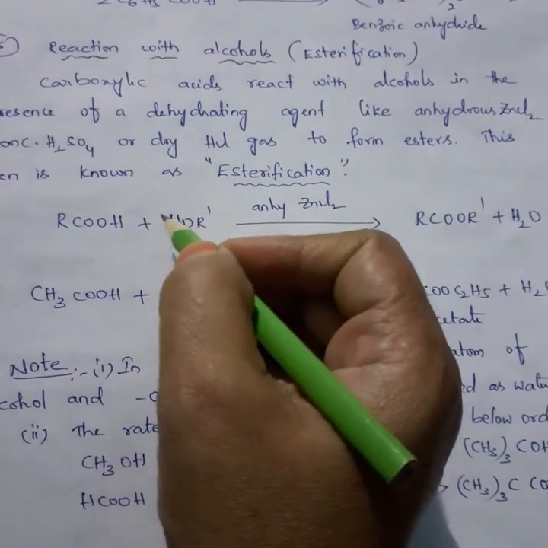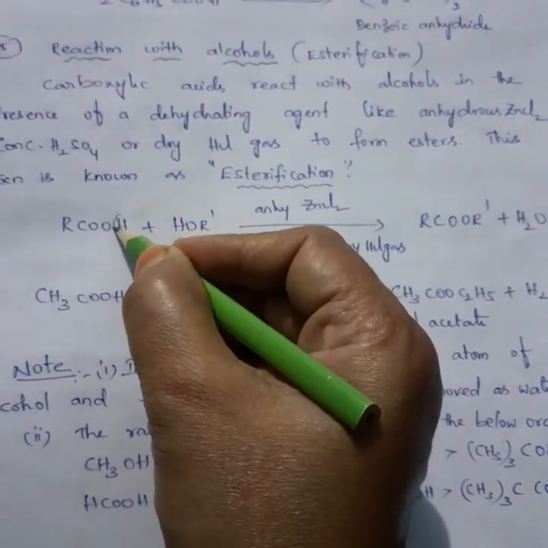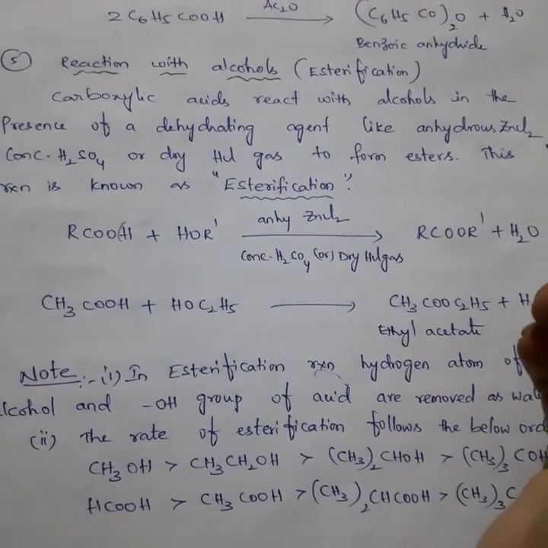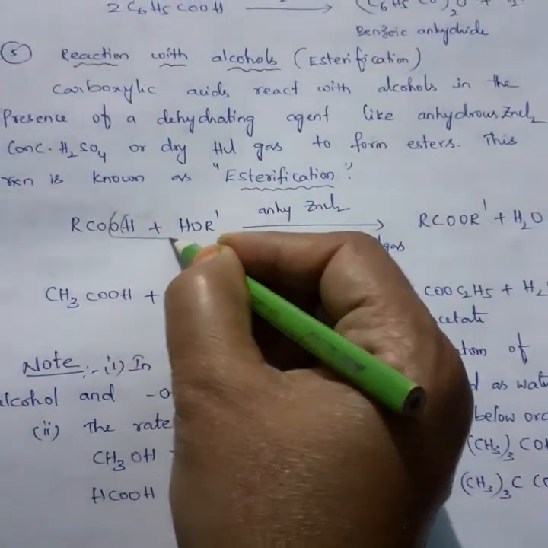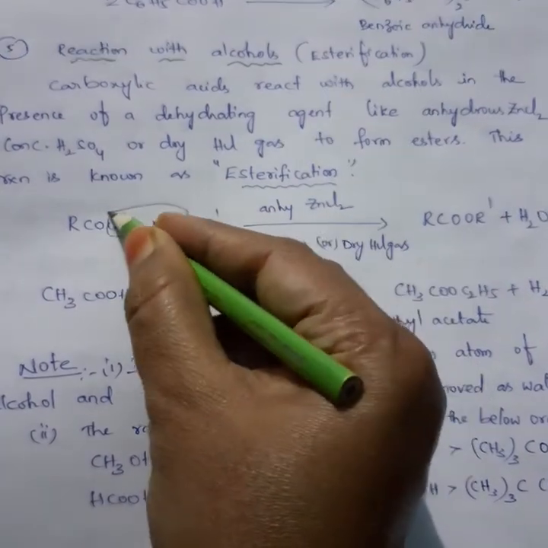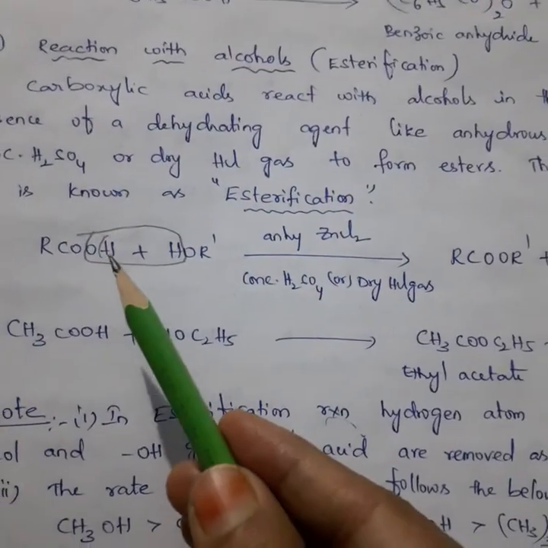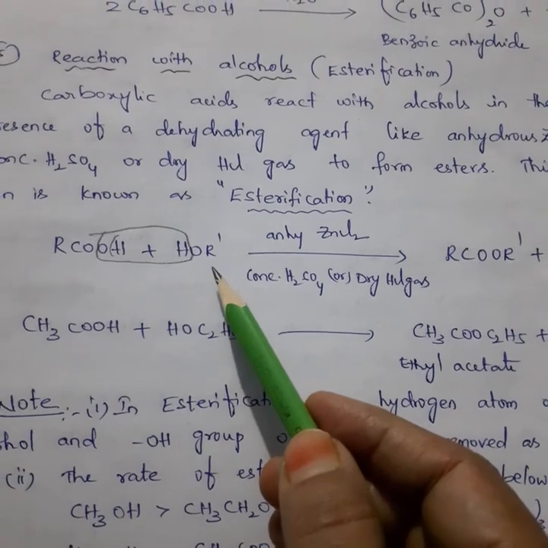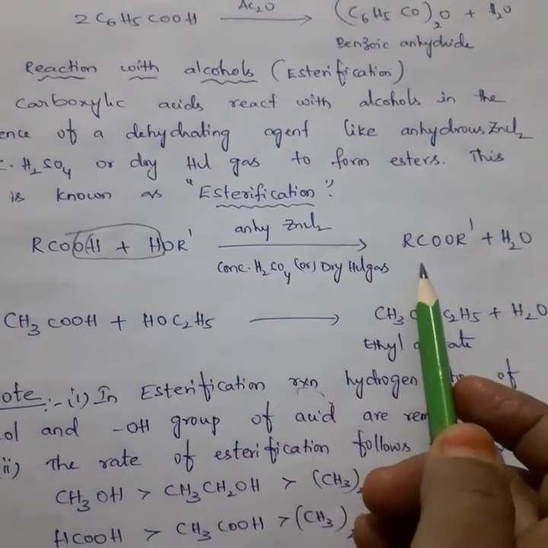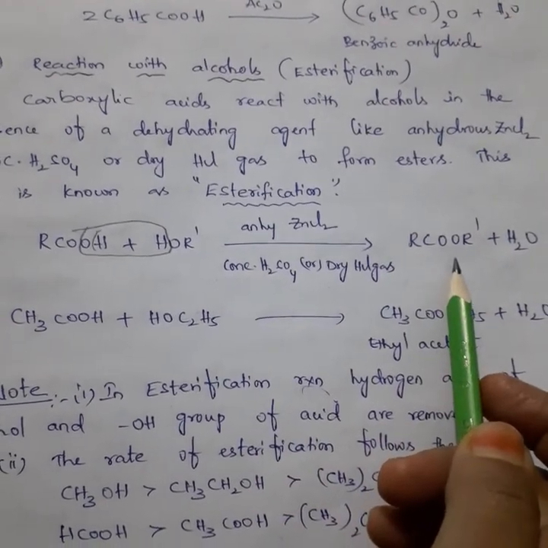In the esterification reaction, the hydrogen atom of the alcohol and the OH group of the acid are removed as water. So the OH group from the acid and the H from the alcohol are removed so that it is able to form esters.